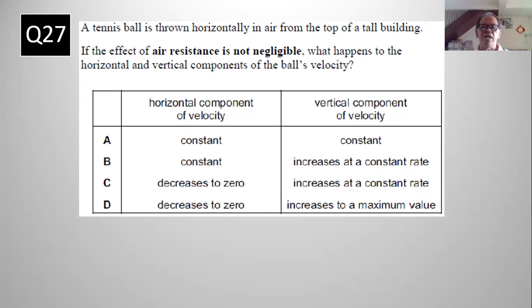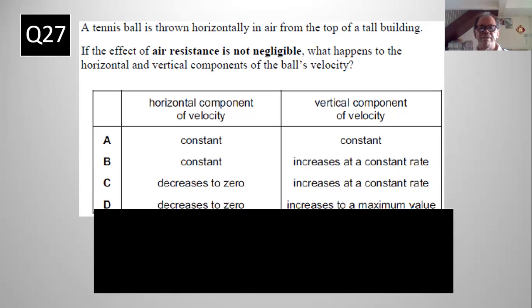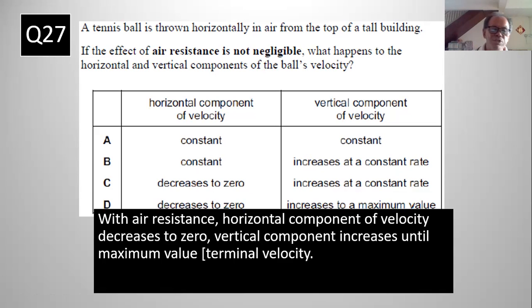The acceleration is no longer a constant g. The weight is pulling it down, and air resistance is trying to stop it, opposing it. So the resultant force is going to be smaller, and the acceleration is going to be smaller. But it will still reach a maximum speed. The speed is still increasing.